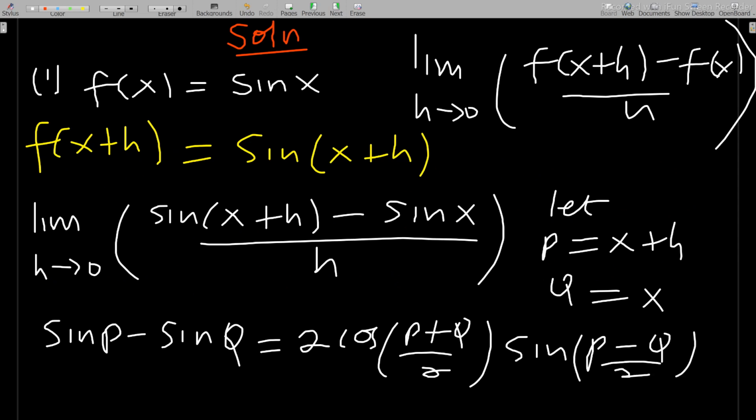Since we know p is equal to x plus h and q is equal to x, we can put them there.